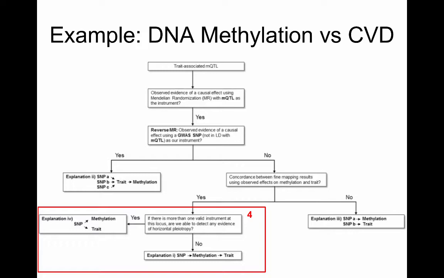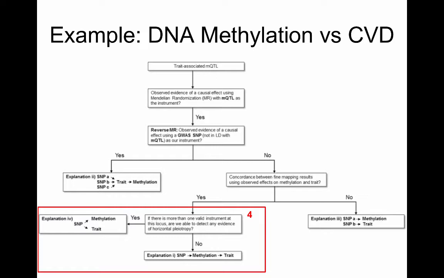But unfortunately, in the case of this paper, and in the case of epigenetic studies in general, we usually only have single instruments valid for each methylation locus, so we cannot really test for pleiotropy. You need multiple instruments. And that is unfortunately very common in epigenetics. Why? Because usually you only have one independent MEQTL per CpG site. If there is another SNP associated with your CpG site, it's probably in linkage disequilibrium with the first one.